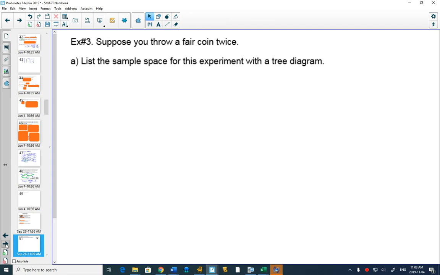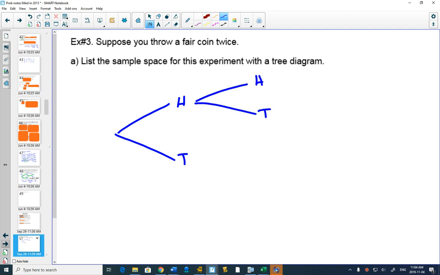Suppose you flip a coin twice. List the sample space for this experiment with a tree diagram. Not too hard. First time, you could get heads or tails, and then after that, you could get heads or tails, heads or tails. So our sample space is heads and heads, heads then tails, tails then heads, and tails then tails.